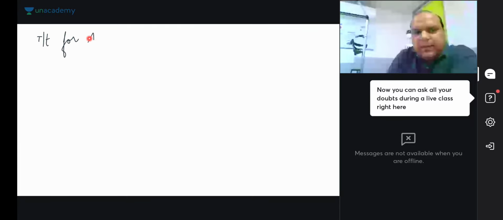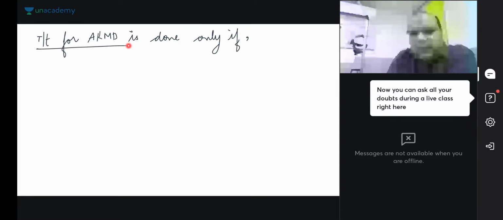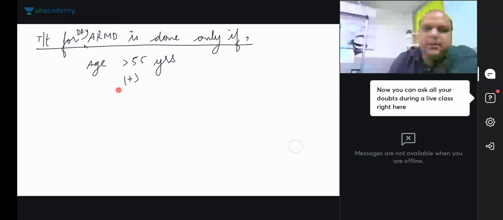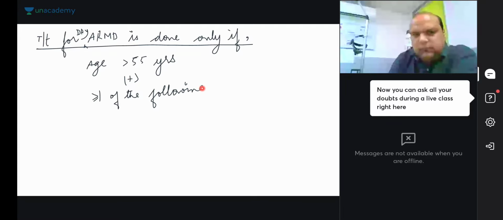Treatment for dry ARMD is done only if greater than or equal to one of the following: one large drusen.